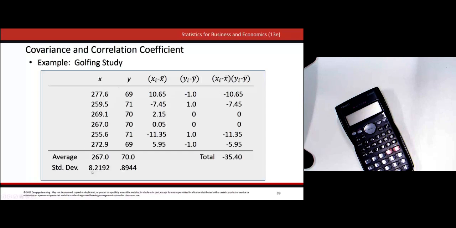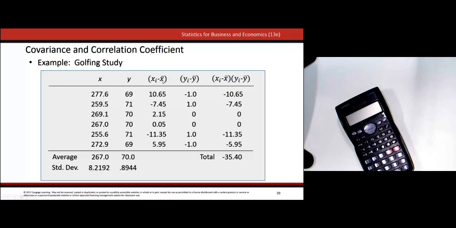First, you find the averages and the standard deviations of each variable. We have two variables, x and y. X bar is 267, y bar is 70. The standard deviation of x is 8.2192 and the standard deviation of y is 0.8944.